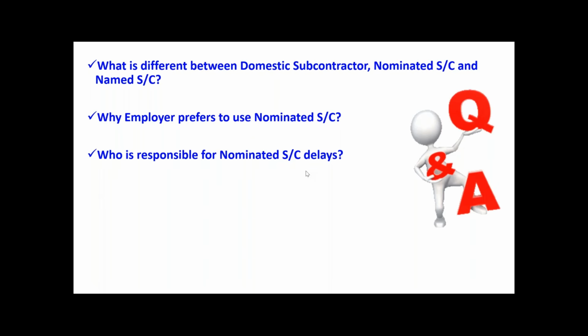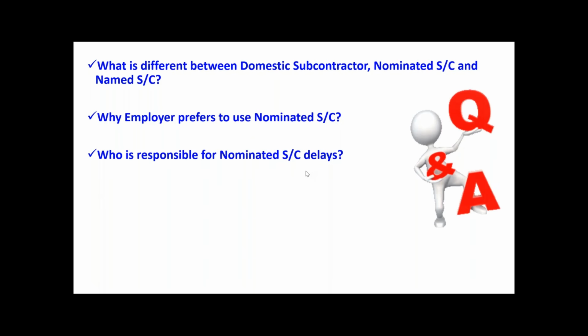The nominated subcontractor is brought by the employer, there's no doubt. But he is reporting to whom? Who's paying him? Who has the agreement with the nominated subcontractor? Client or contractor? Contractor. Okay, there's no doubt. All the subcontractors have an agreement with the main contractor only.